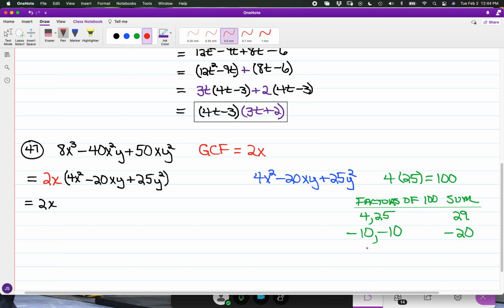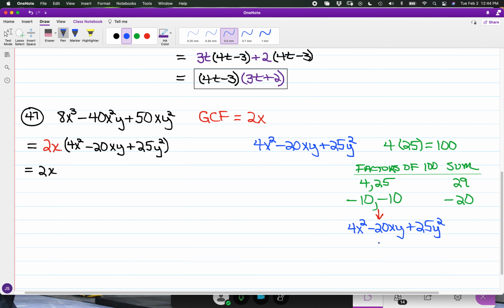And so just looking at taking what we have, with 4x squared minus 20xy plus 25y squared.